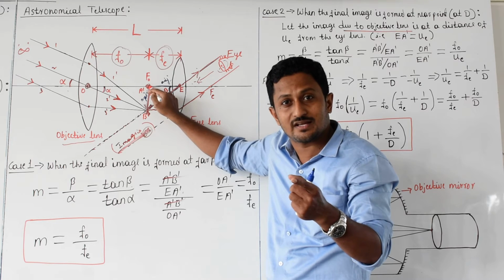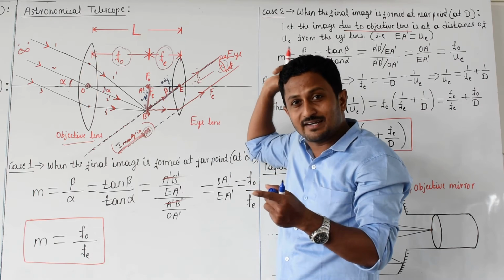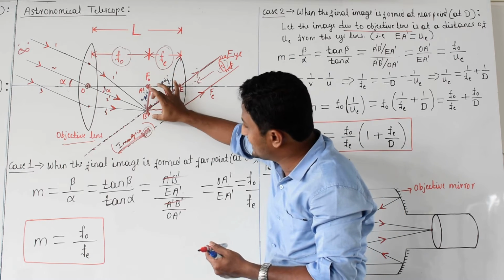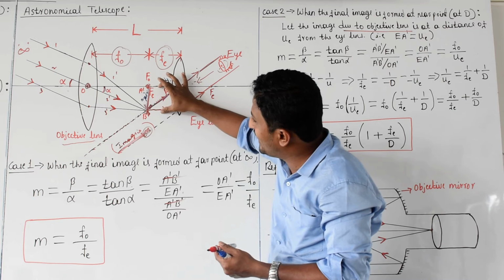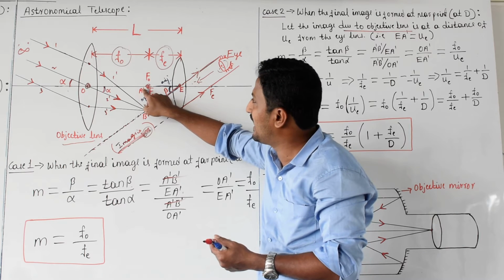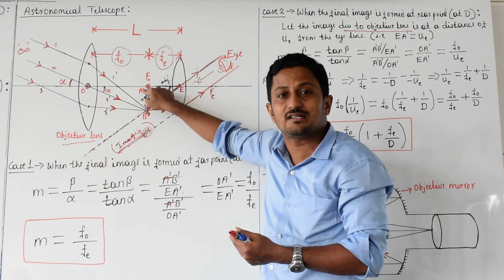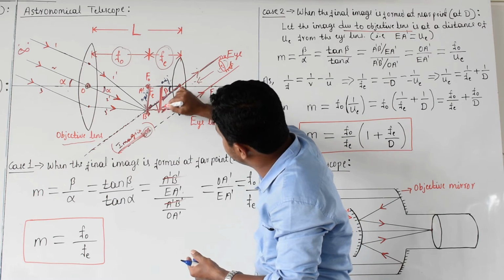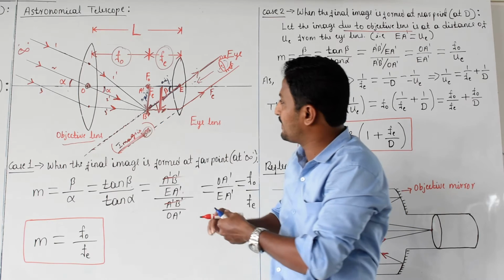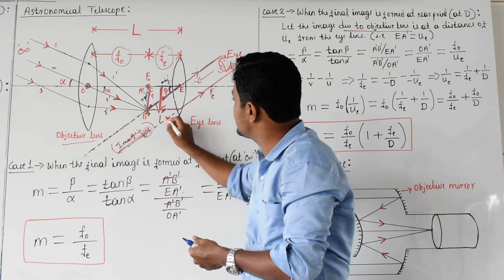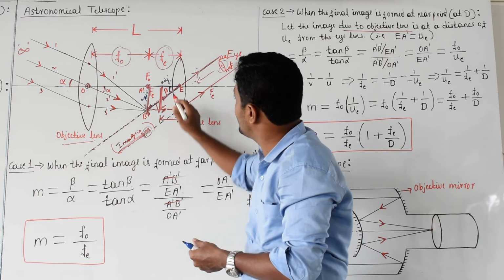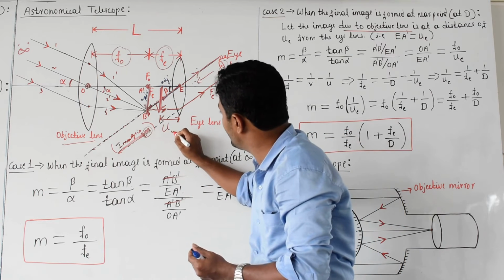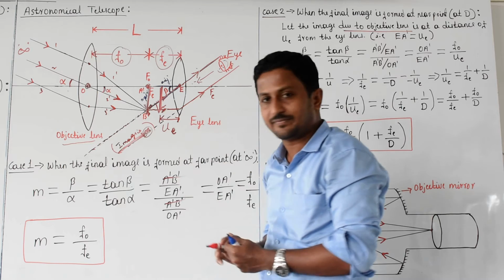Getting what I mean to say? What that line is telling is: you take this A'B' somewhere between the optical center and principal focus. Then this distance is not going to be FE, it is going to be UE.